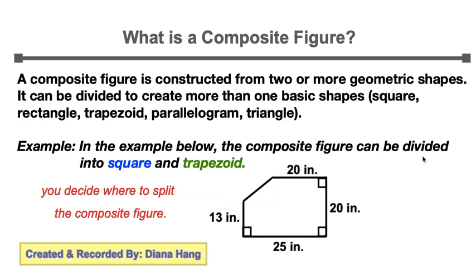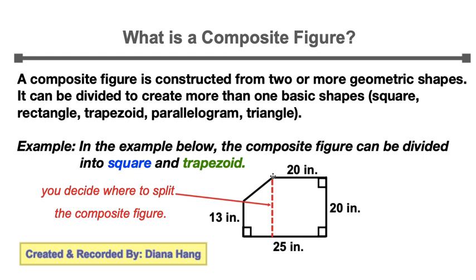But you have to decide where you're going to split this composite figure into a basic shape of a square and a trapezoid. This dotted red line is where you would split your composite shape into your trapezoid right here and your square right here.